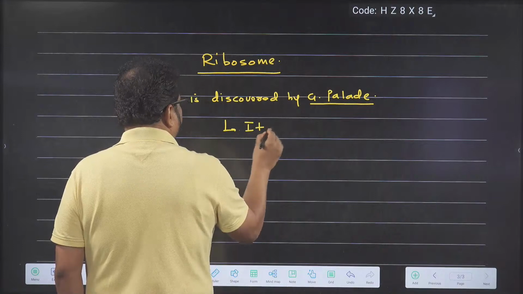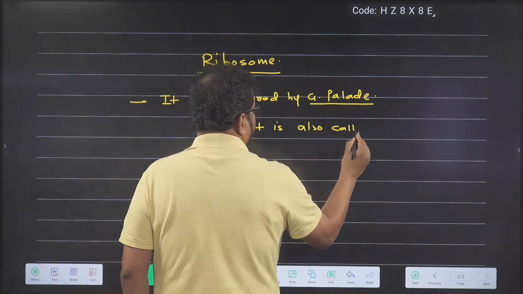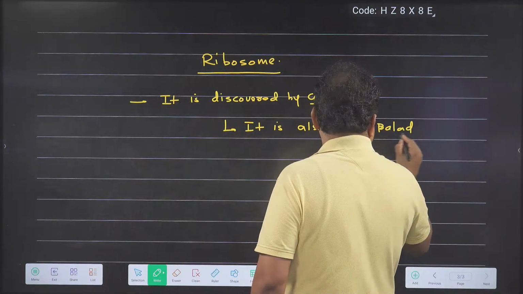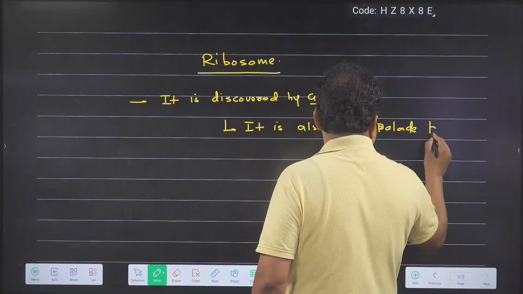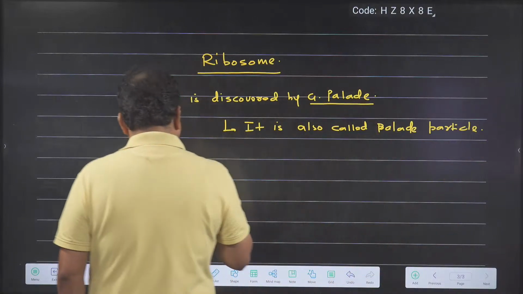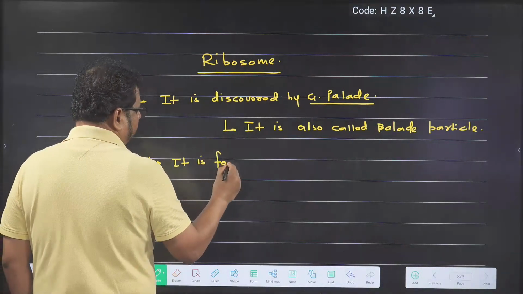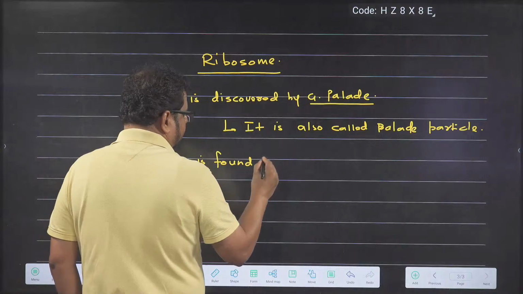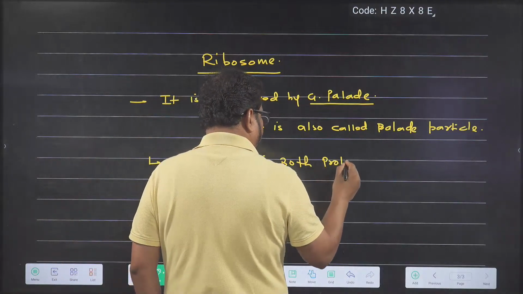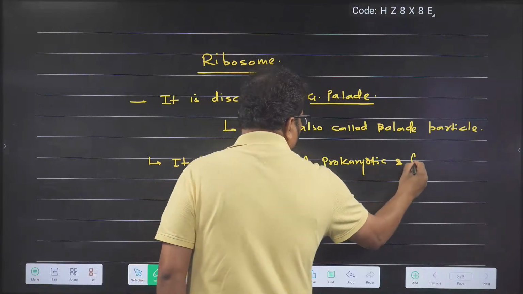It is also called Palade particle, in honor of George Palade. If we talk about ribosome, it is found in both prokaryotic and eukaryotic cells.